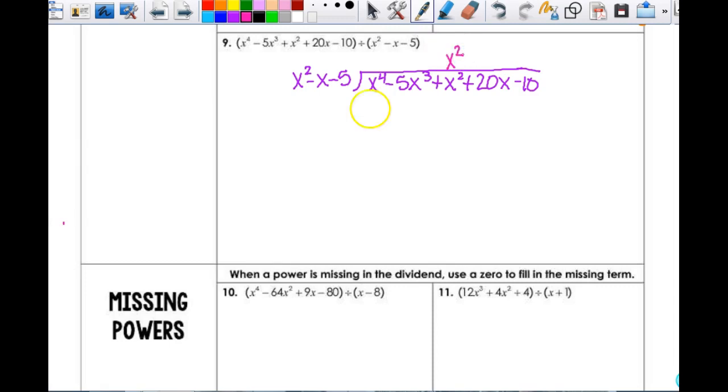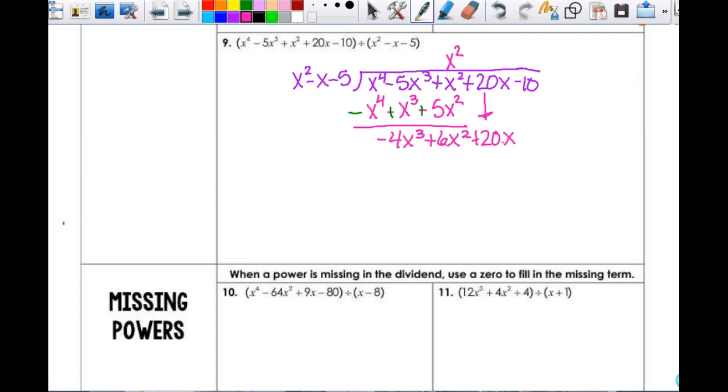X squared times x squared is x to the fourth minus x cubed minus 5x squared. Then you go through and change your signs. The x to the fourth zeroes out. This gives you negative 4x cubed plus 6x squared, and you bring down the 20x.